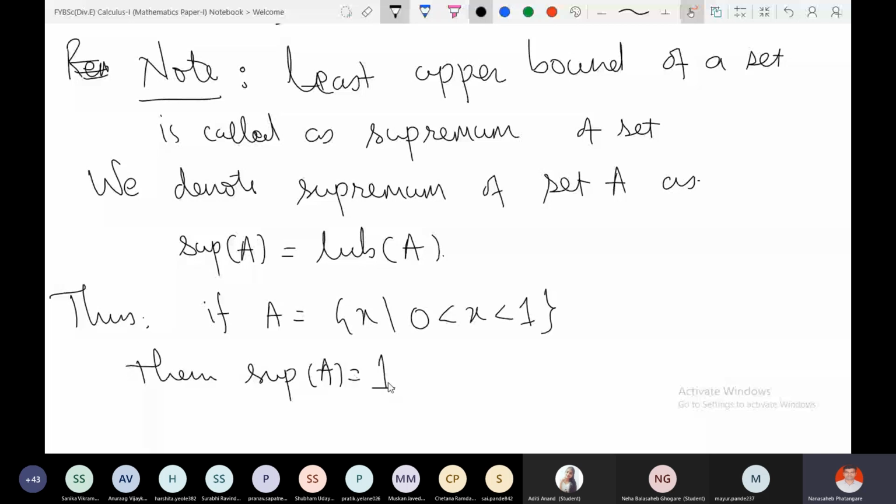The supremum of A is 1. Right, the supremum of A is equal to 1.